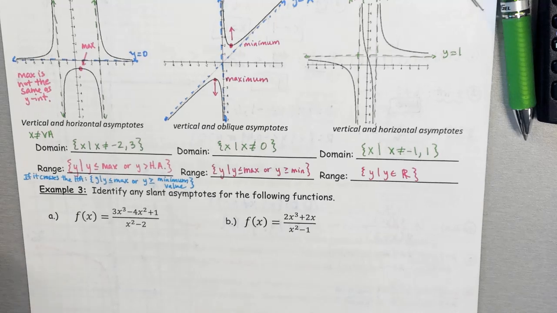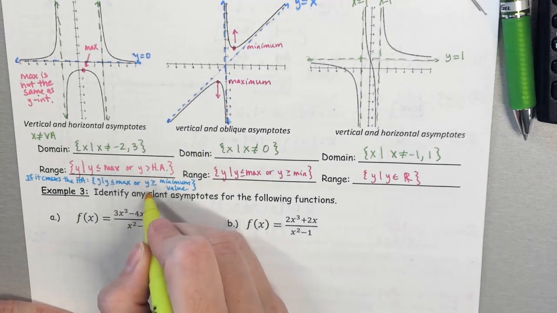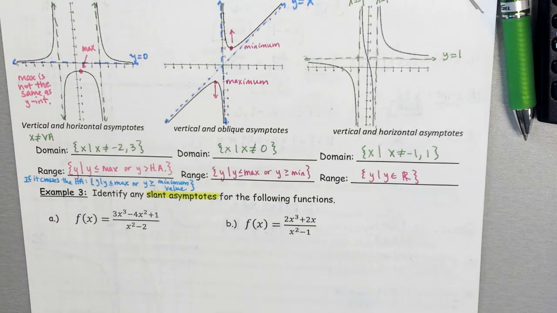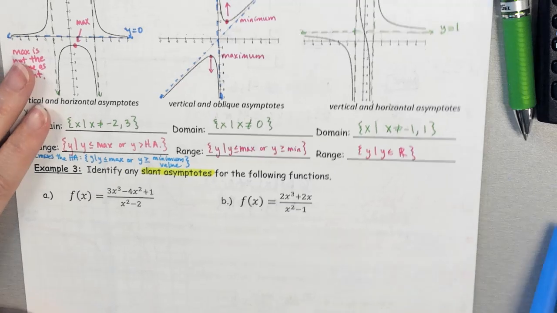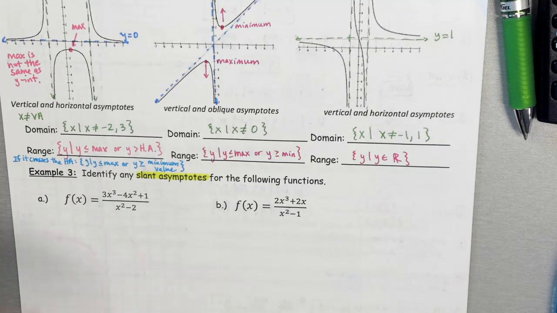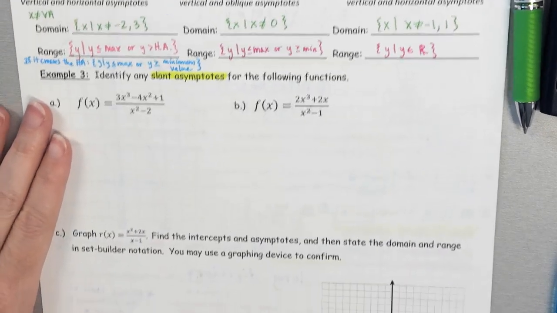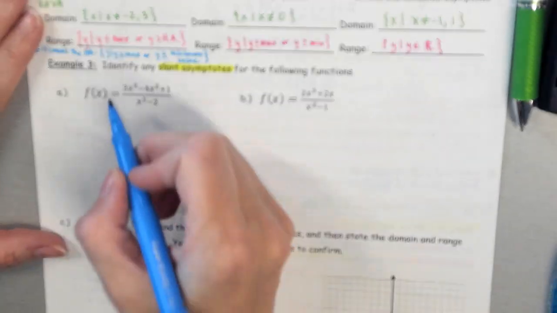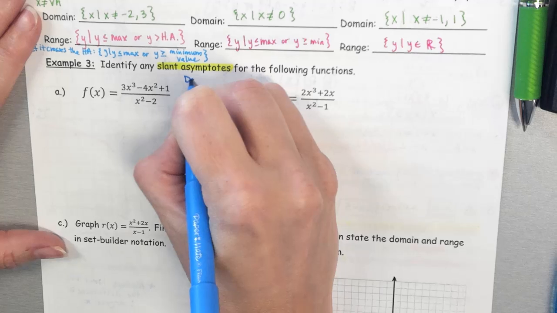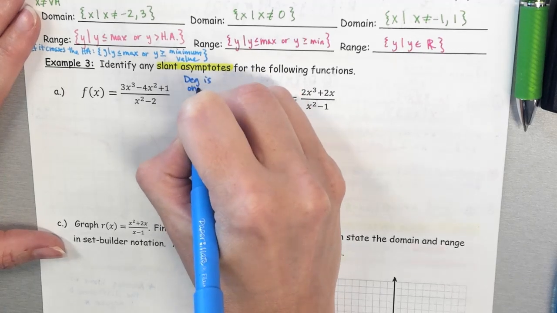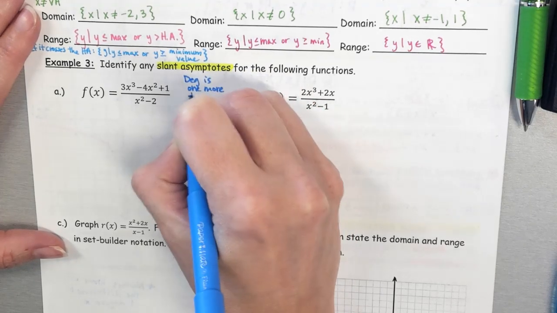And then we're going to find the slant asymptotes for the following functions. So when you have to find the slant asymptotes, you are going to be doing long division. It says to identify the slant asymptotes. We're just going to do a quick check anyway and make sure that the degree of the numerator is 1 more than the denominator.